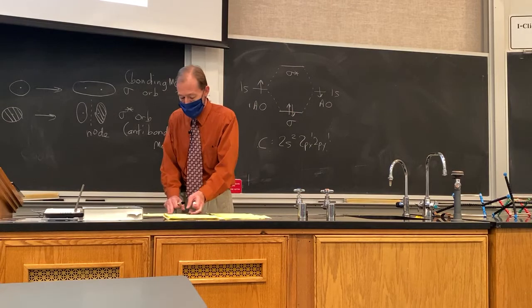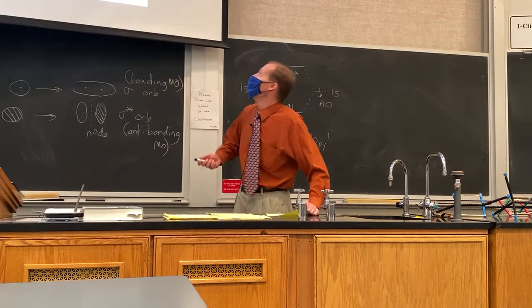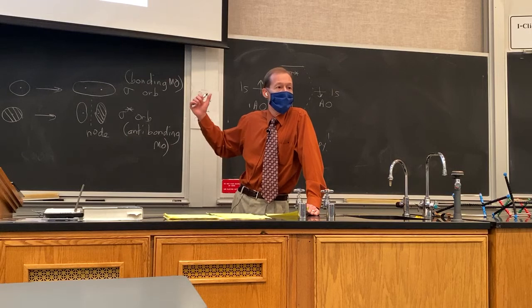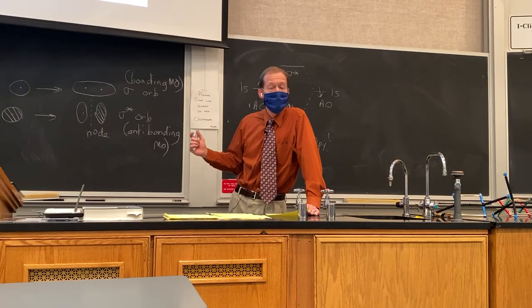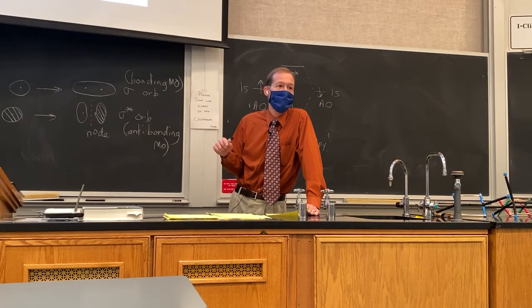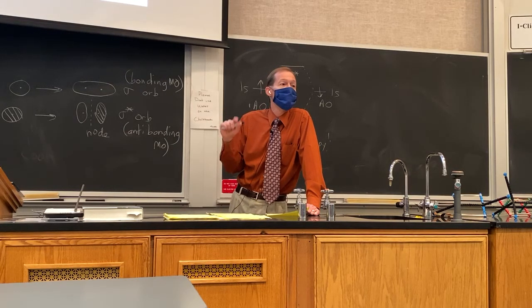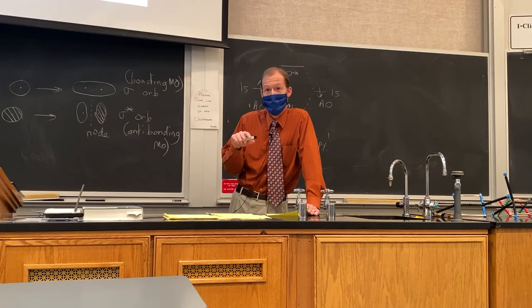So there's a few points that we need to look at in regards to these hybrid orbitals. Much like in molecular orbital theory, when you're hybridizing atomic orbitals, the sums of the energies of your hybrid orbitals has to equal the sums of the energies of your atomic orbitals.